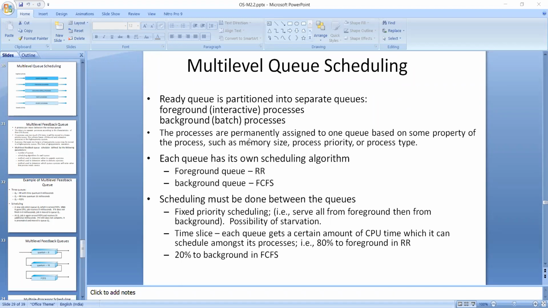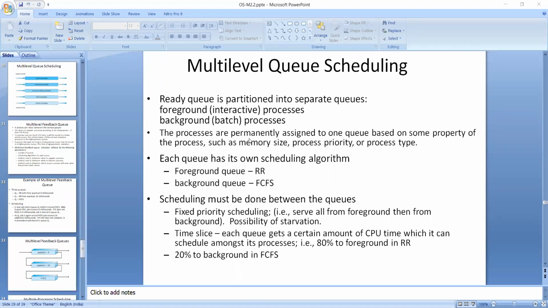Depending on the process characteristics, we divide the processes into different queues. Whether a process will be added to the foreground queue or the background queue depends on its properties, and the processes are permanently assigned to any one of the queues.